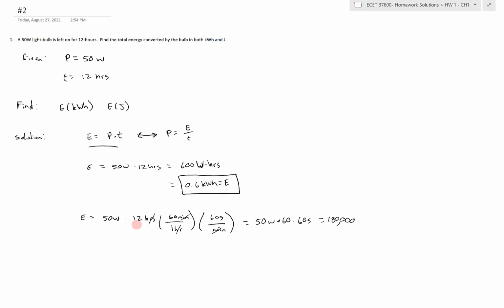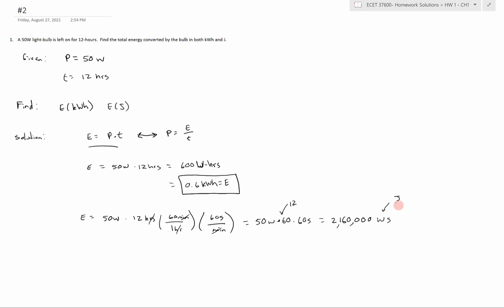So I need to multiply that by 12. So 2,160,000 watt seconds.